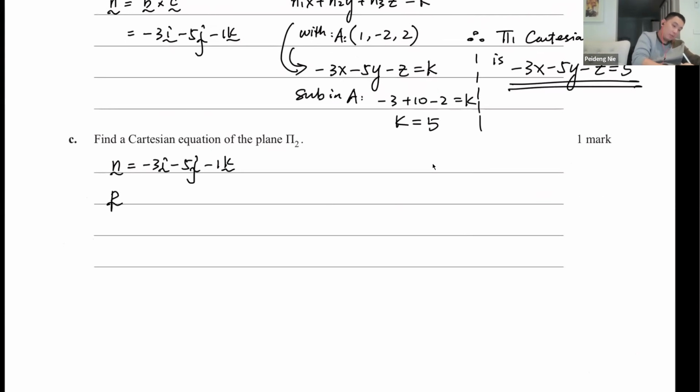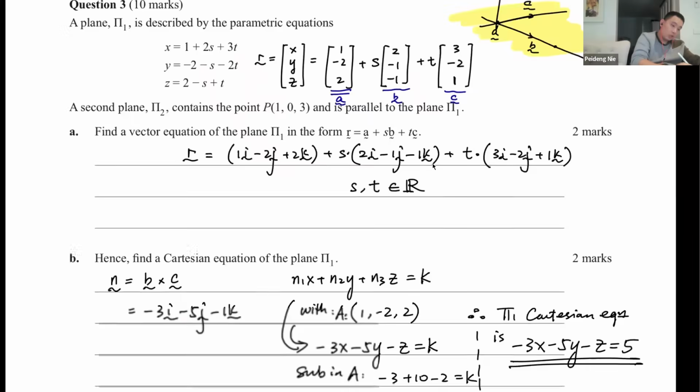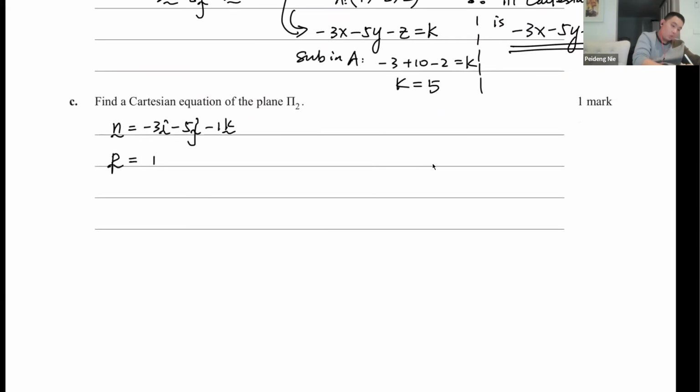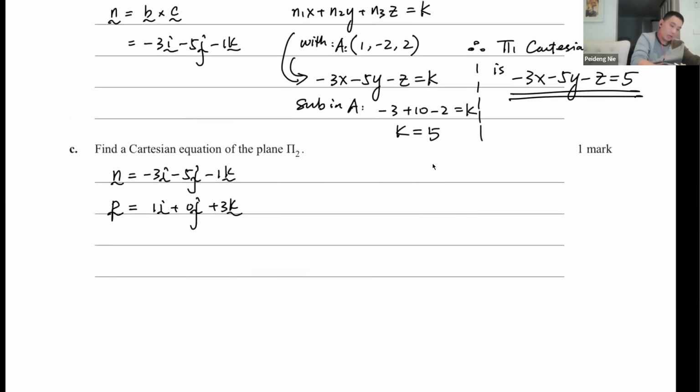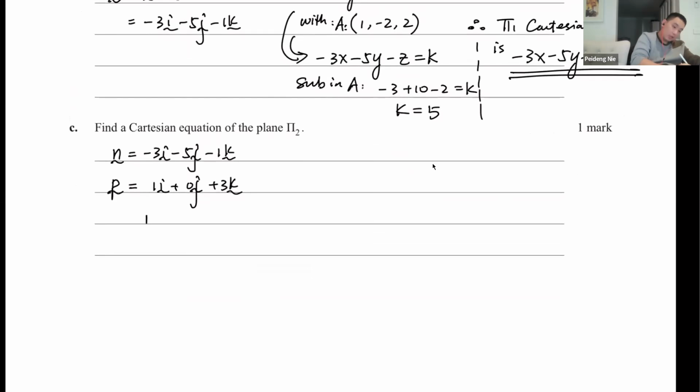But now I've got a reference point P here, which is 1i plus 0j plus 3k. Let me double check. 103, correct. So I'm going to use r minus p instead of minus a multiplied by normal vector n equals to 0. This is a scalar quantity, scalar 0, okay?